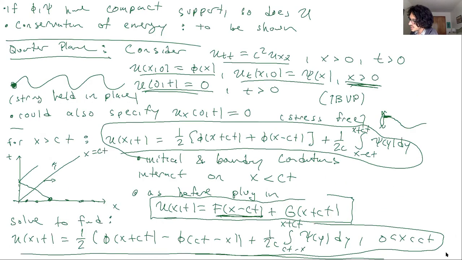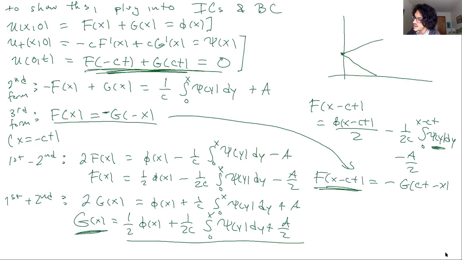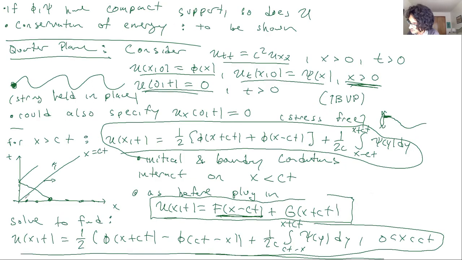We talked about this technique of finding solutions to initial boundary value problems for the wave equation. The general idea is just to take your general solution and plug it into your initial and boundary conditions and manipulate those equations in order to back out the formula for f, in particular in the region of interest, basically between the boundary and that characteristic that divides your domain, this region right here.